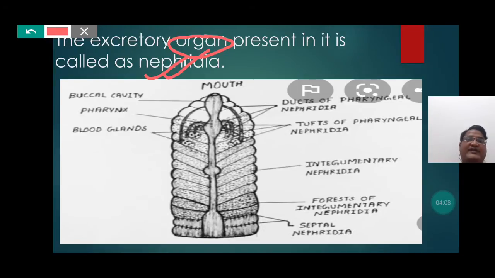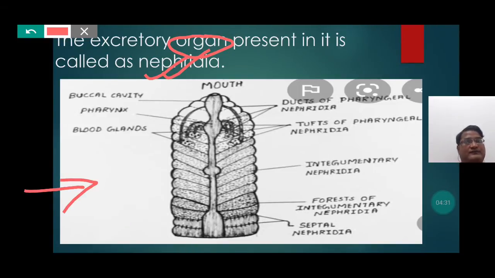Since nephridia actually is a highly coiled tube-like structure which is of three types. So students, all the three types of nephridia we can easily understand if we concentrate on this picture.